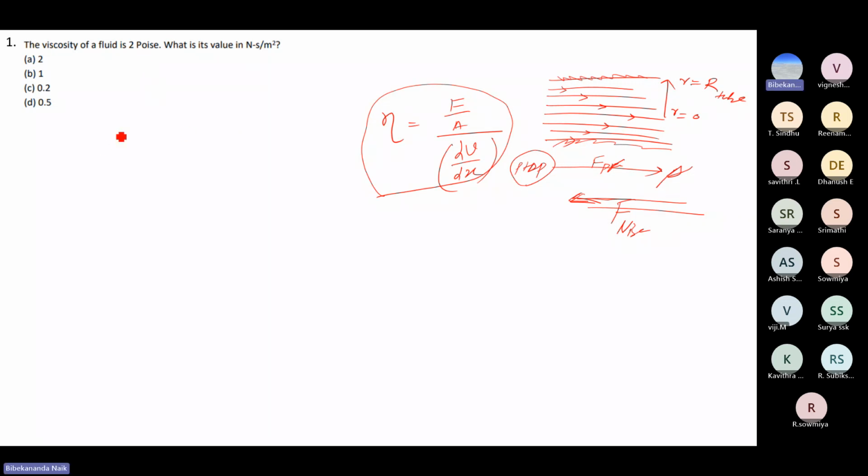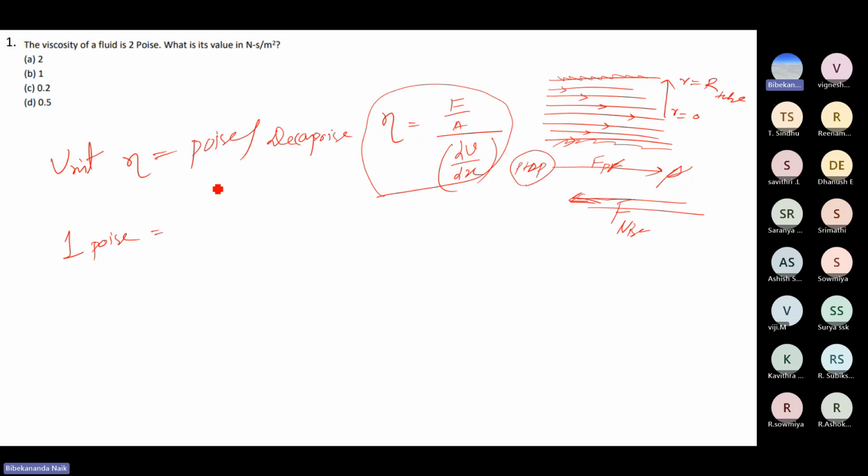Since this is the formula for the coefficient of viscosity, we know that the unit of the coefficient of viscosity, eta, is poise or decapoise. So 1 poise is equal to how much?